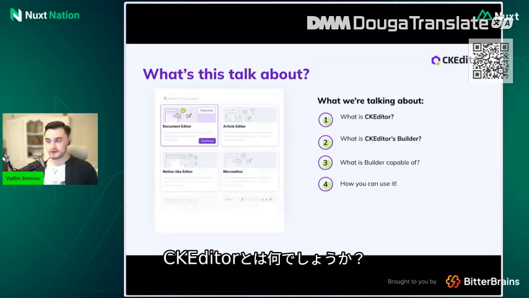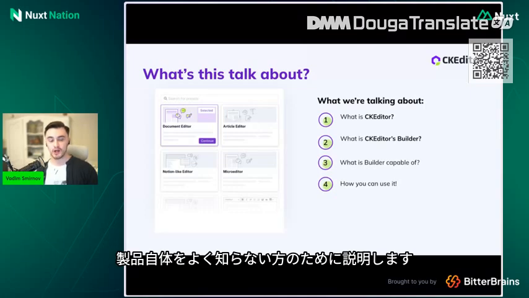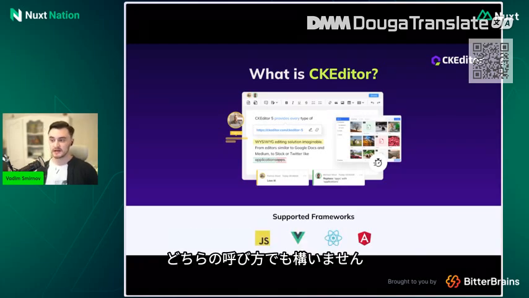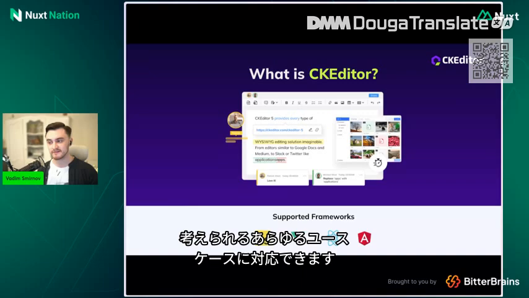But let's start with CK Editor. What is CK Editor, the first part? Just to provide enough context for those who are not very familiar with the product itself, CK Editor is a WYSIWYG or rich text editor, whatever you want to call it. It's a highly customizable, feature-rich text editor that can adapt to any use case I can think of.